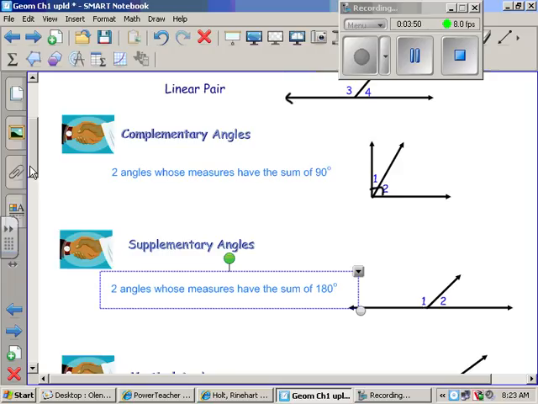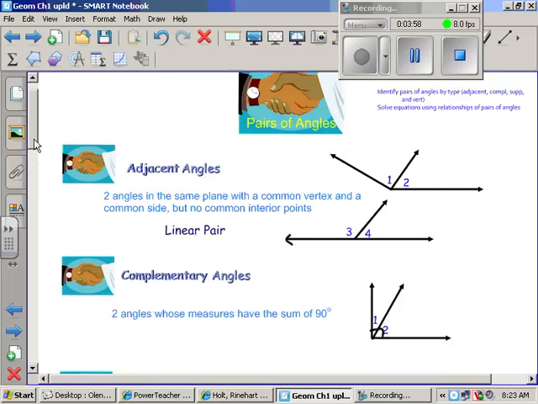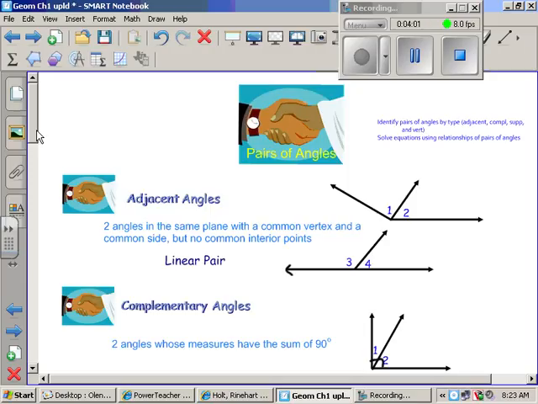But if adjacent angles equal 180, then the supplementary angle? Well, not all adjacent angles equal 180. Only linear pairs equal 180. These two adjacent angles, 1 and 2 here, don't equal 180, because they wouldn't make a straight line. So adjacent angles aren't necessarily equal to anything.